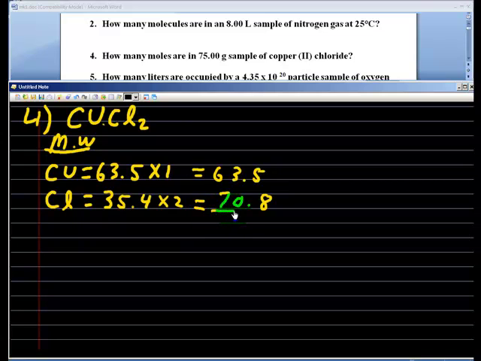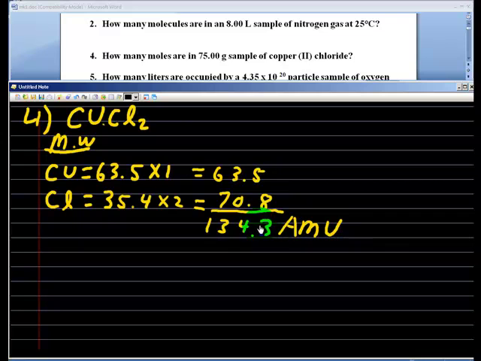If we add these different masses up, that's going to give me the total mass of this molecule. And so it comes out to be 134.3. 134.3 what? Well, this would be AMUs, atomic mass units.